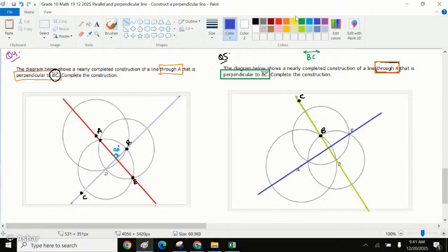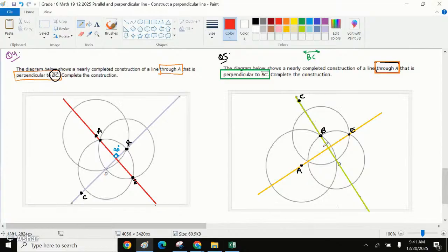So this will be our requirement over here because we need to fulfill the requirements of the question. There could be undefined possibilities for perpendicular lines. That's why they tell us where the perpendicular line will be passing through. And how do we highlight that as a perpendicular?